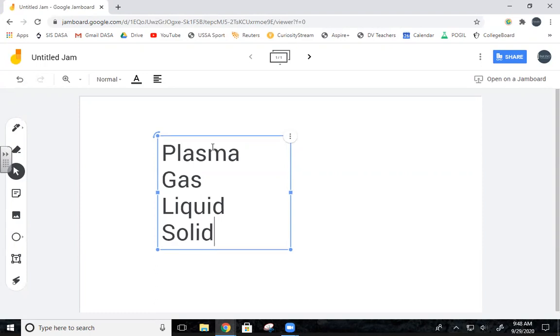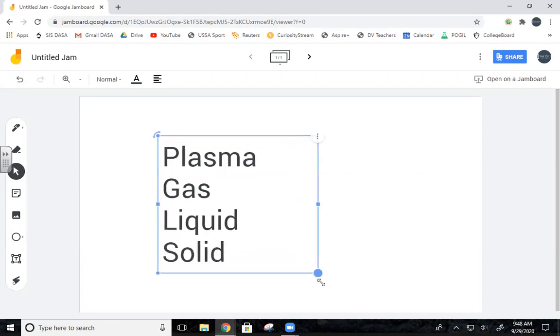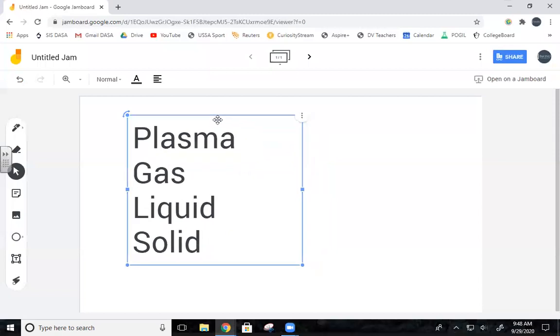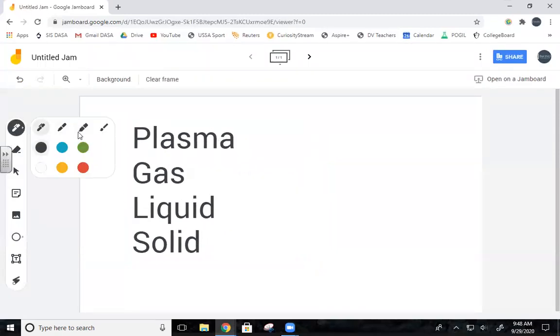Solid. Okay? And what's important for you to understand about these four is that I put them in an order, in the order of decreasing energy. Okay? So energy levels go up as we go up here, right?